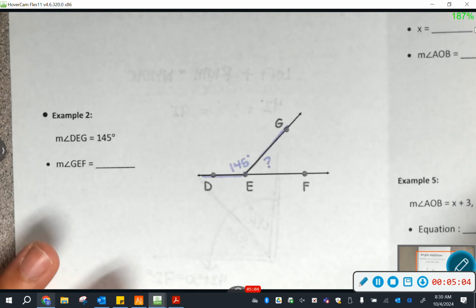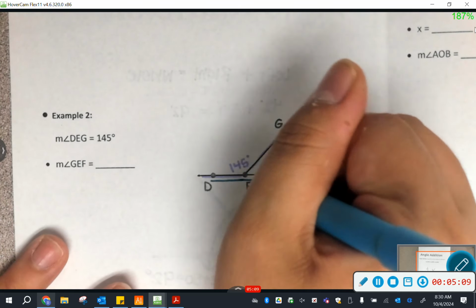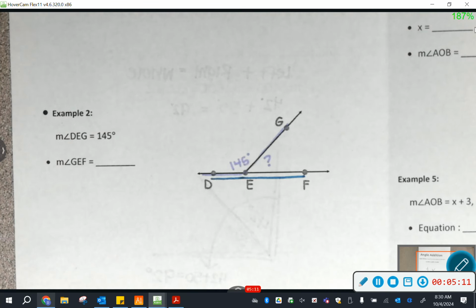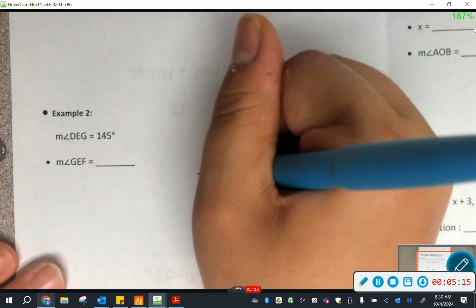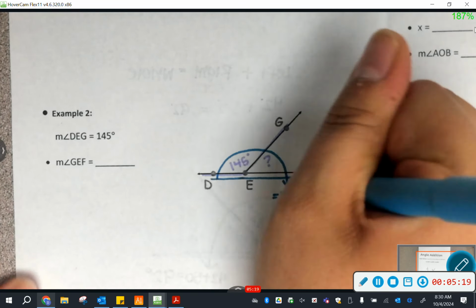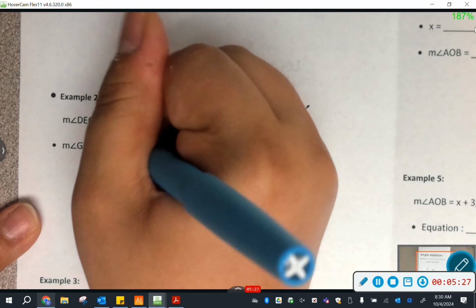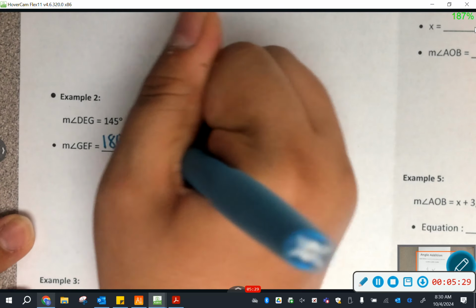But why 180? What do I know about DEF? It's a straight line. And what did we learn yesterday about straight lines? They equal 180 degrees. So you are going to do 180 minus 145.